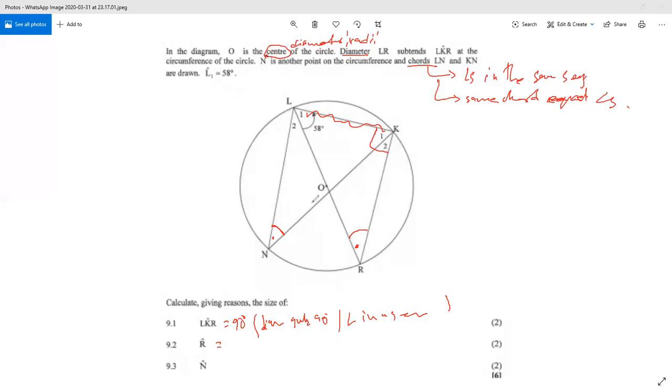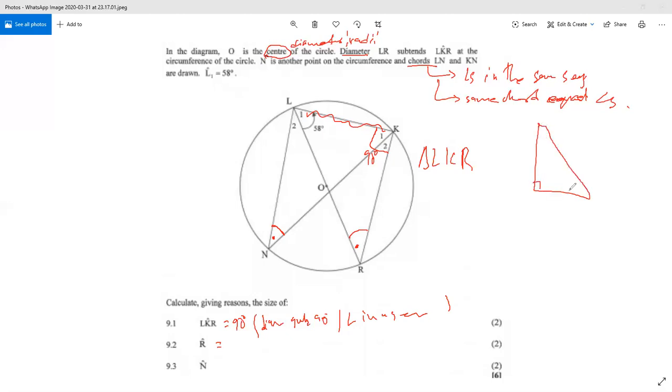What about angle R? So you look at triangle LKR, okay? At this point, we can't really use the fact that R equals N because we don't know the value of N. But we know that this angle is 90. So in a right angle triangle, let me just take your minds back.